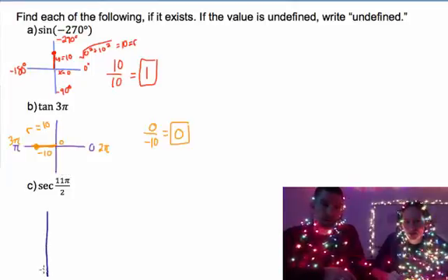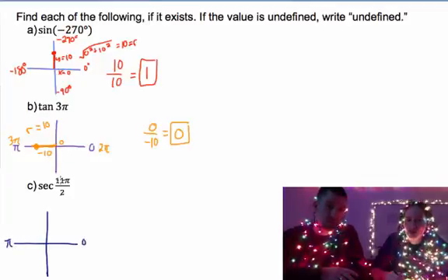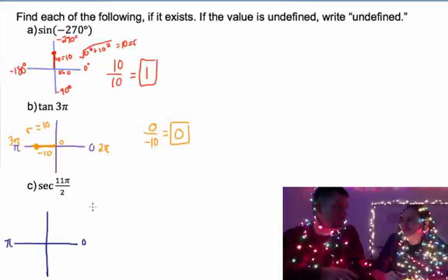Let's find 11 pi over 2. I know right where it is. Do you think it's helpful here to change this to a mixed number? I think it has some potential, but I was going to count it off the first time.